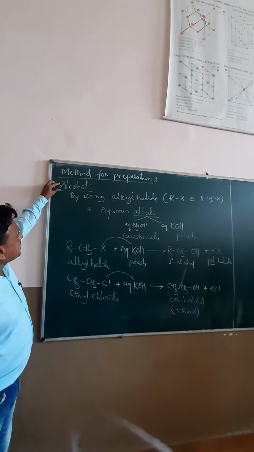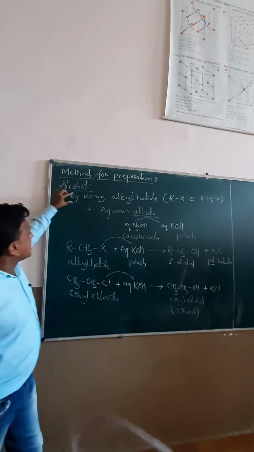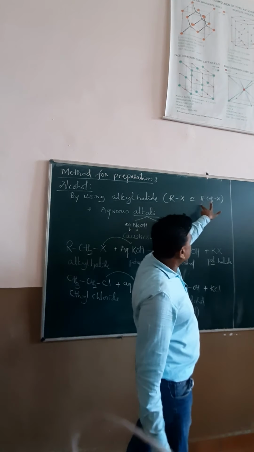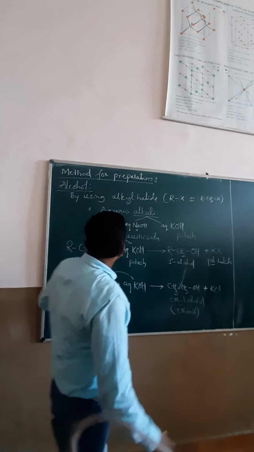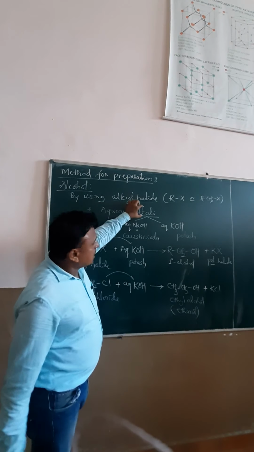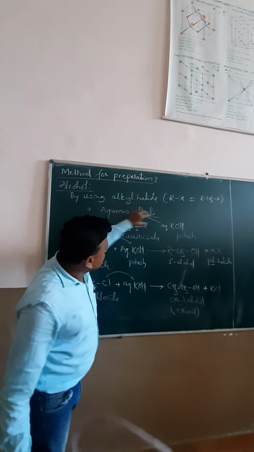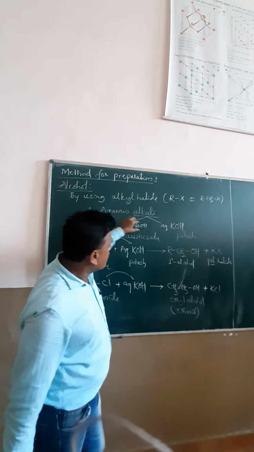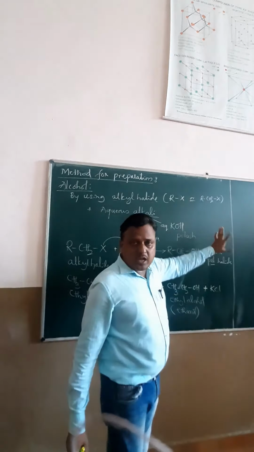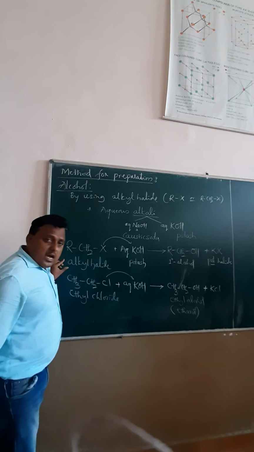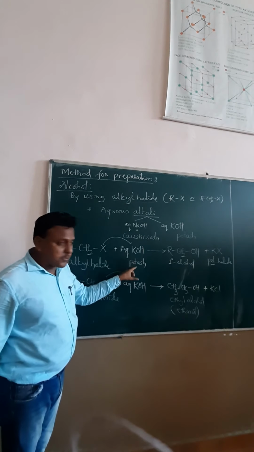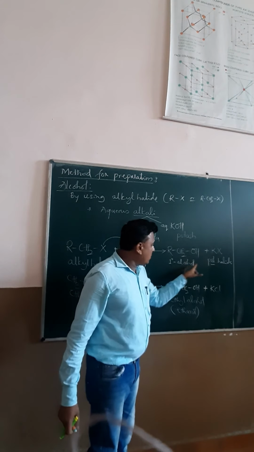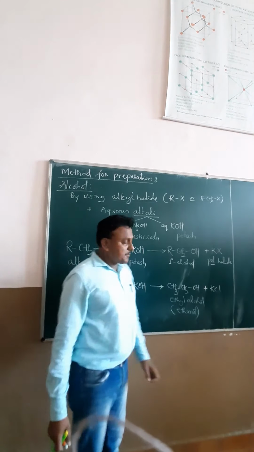Friends, once again I repeat, the preparation of alcohol by using alkyl halide, general formula either RX or RCH2X. Using the reagent aqueous alkali is very important. We consider two alkalis in our syllabus: aqueous caustic soda or aqueous potash. When alkyl halide reacts with aqueous potash, KOH, it forms primary alcohol and potassium halide.